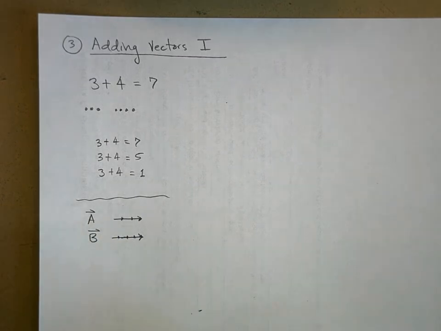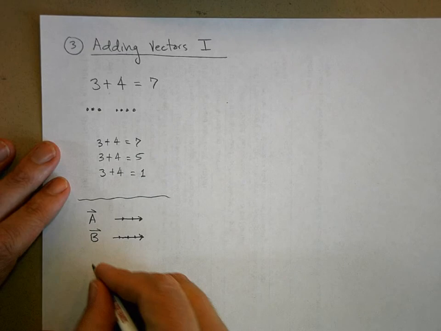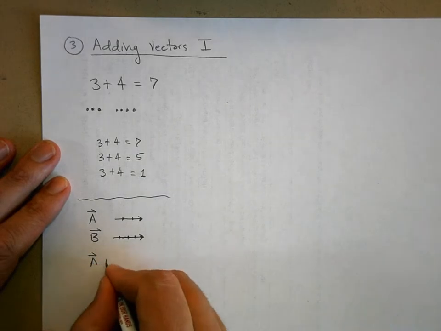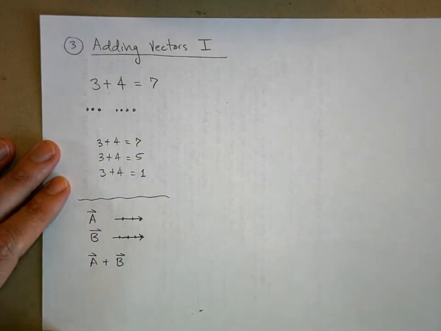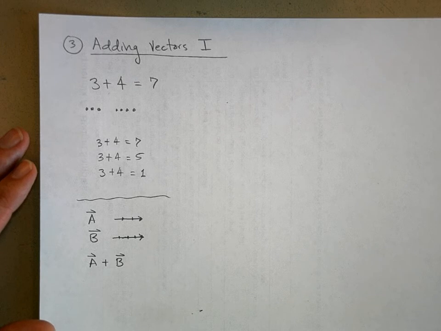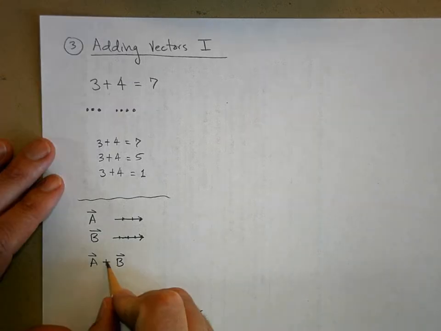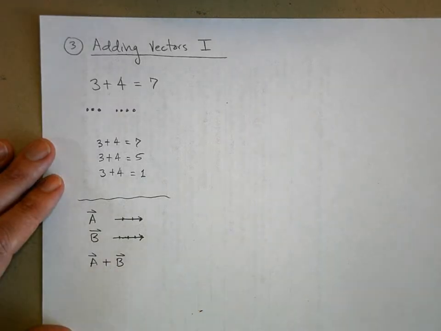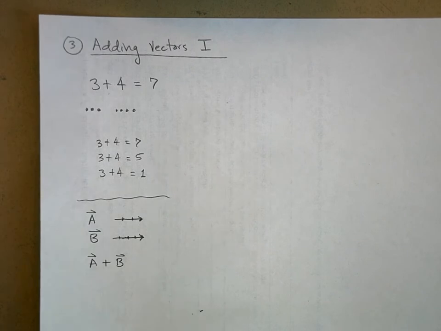Now, when you add vectors together, here's what you do. Here's what the operator is telling you to do with those two vectors. When you have A plus B, this plus sign now means something different than it did before. It says, okay, here's what you're going to do.